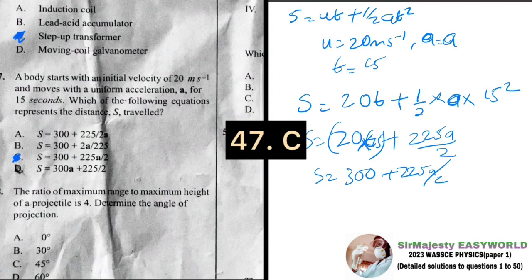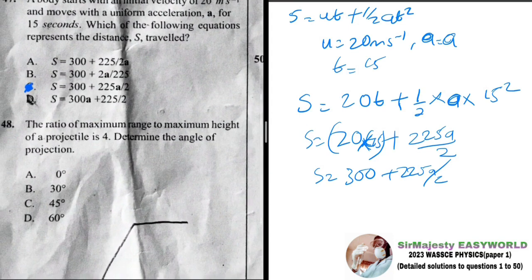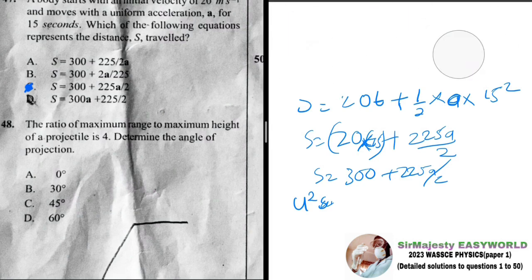So the ratio of maximum range to maximum height of a projectile is 4. That means the range of the projection will be u square sine square theta over g. We don't really need the sine square theta because it will obviously give us 1 when we're referring to maximum height and maximum range.